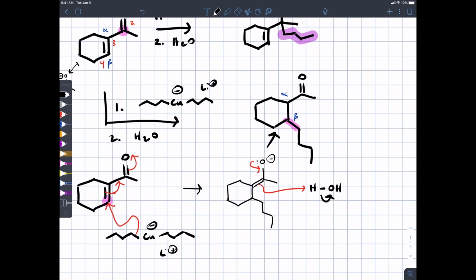One thing I'm not sure if I mentioned last time, that this is the intermediate you get. You make a new stereocenter here, and of course, this carbon is sp2 hybridized before, it's flat, it's the same above or below, so if you make a stereocenter, you got to get both varieties here. Notice that the new bond you form is between the beta carbon and the first carbon of your cuprate.